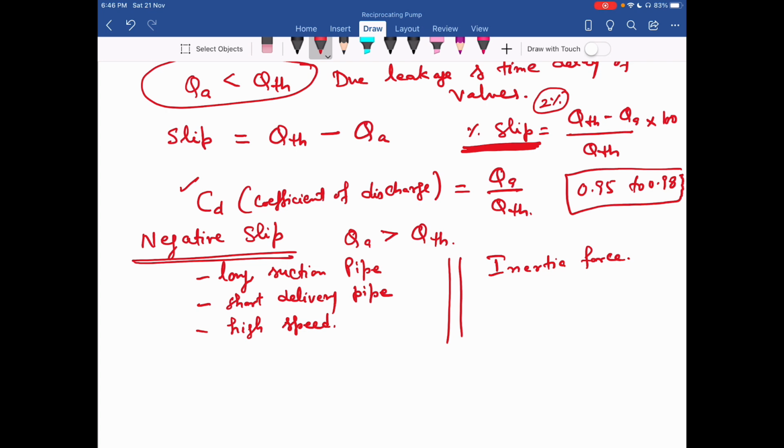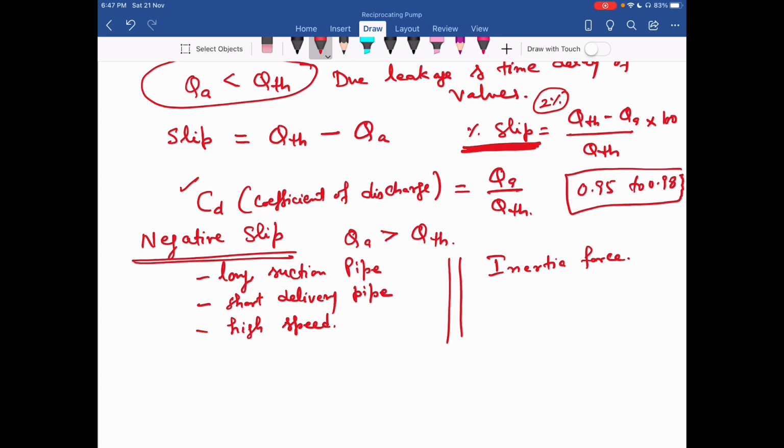Now due to this, my delivery valve opens before the piston has completed its suction stroke. So during the suction stroke, due to the inertia force of water, my delivery valve opens. So due to that, an excess amount of water goes into the delivery pipe.